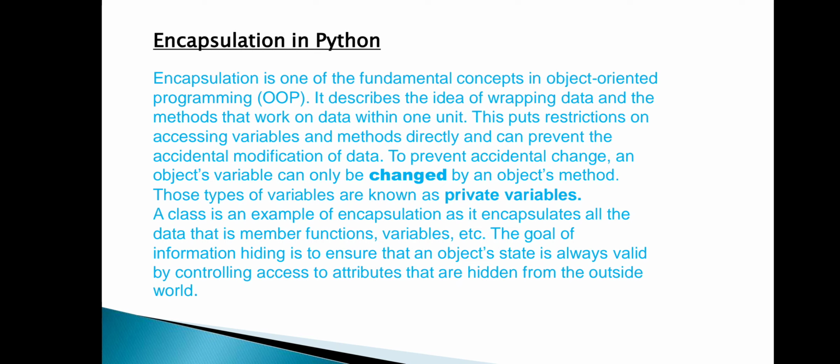To prevent accidental data change by any object or any object's method, we use encapsulation. These types of variables are known as private variables. We can hide the data from the outside world.